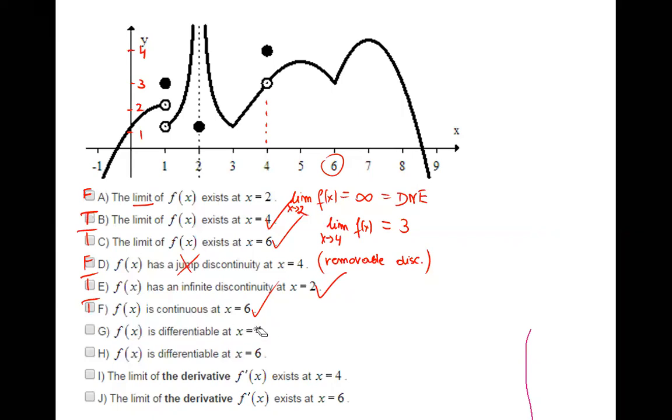What do you think? Do we have a derivative at 4? Can you see 4? Differentiable. Okay, what does differentiable mean? Derivative. Another interpretation of the derivative is the slope of the tangent. That means if I can find the slope of the tangent, that's fine, I have a derivative. But in order to find the slope of the tangent, I have to have a tangent.